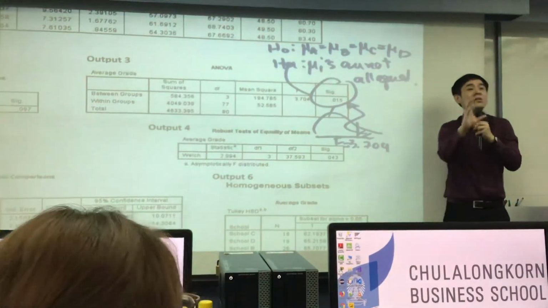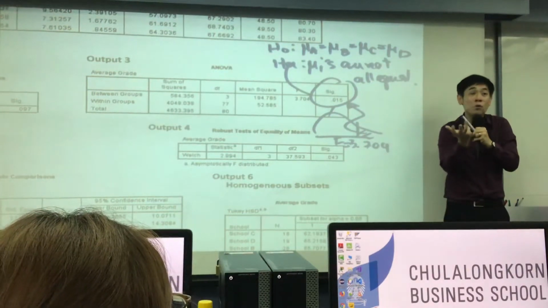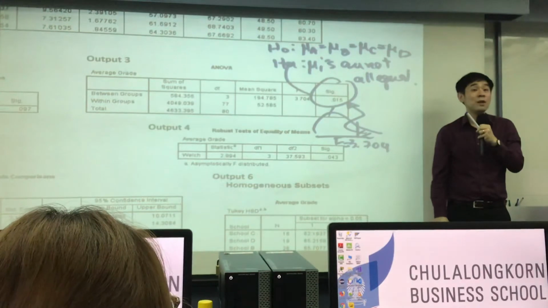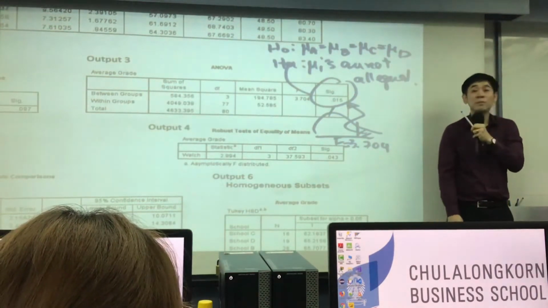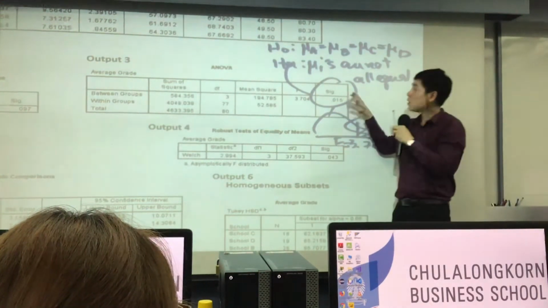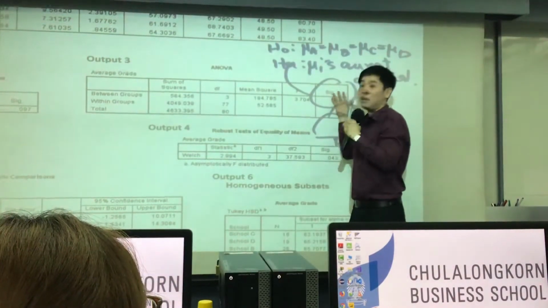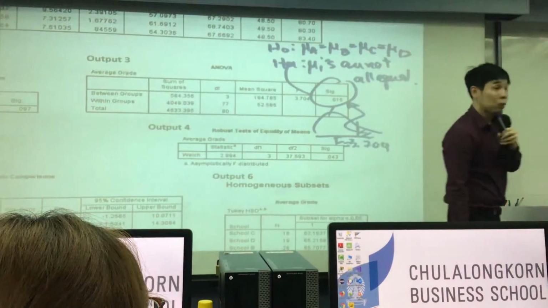Yes, because the means are all the same. No matter what school you are from, they are all the same. That's how we use ANOVA. Just jump to here, find the p-value, compare to alpha, and then you conclude.